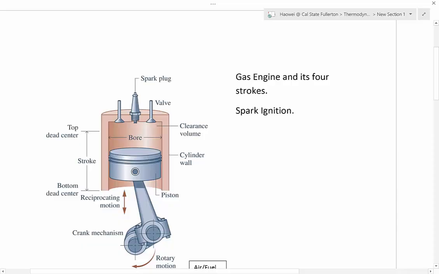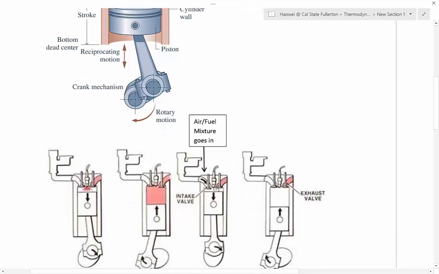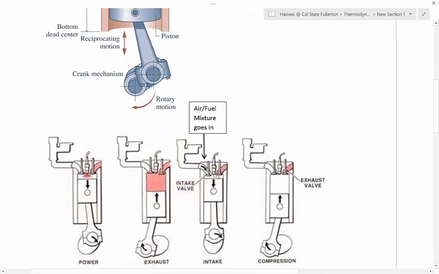The combustion process is usually initiated by a spark provided by the spark plug. So what are the four strokes? We have the power stroke, exhaust stroke, intake stroke, and compression stroke. Those are the four strokes.